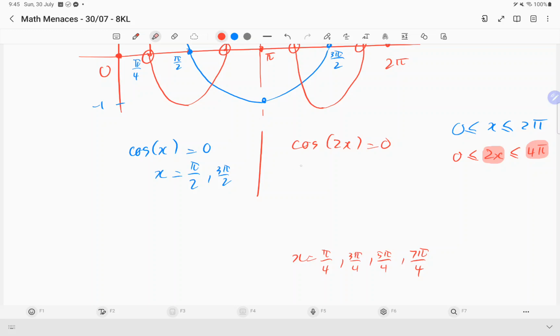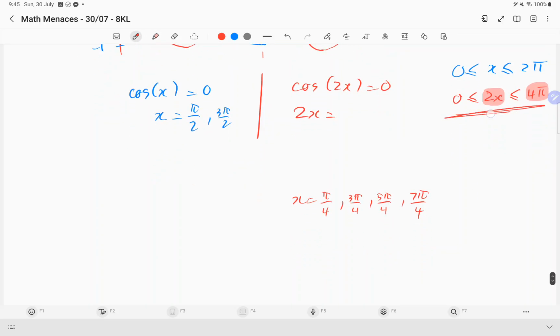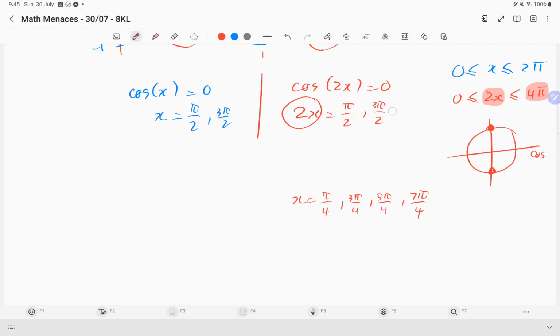So for 2x, we're solving for 2x equals, looking only at this domain from 0 to 4 pi, what values would give cos equals 0? Cos equals 0 means the top and the bottom points. That gives you pi on 2 and 3 pi on 2, and then you need to add 2 pi to each of these answers.